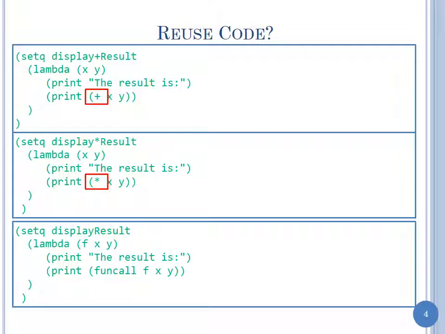So I'll have a display result that takes not only the x and y as parameters, but also a function as a parameter. Okay? Functions are values that can be passed as parameters. And where I was doing plus x y, I'm going to do funcall f x y. Now we have fun. This is sort of functional arguments.